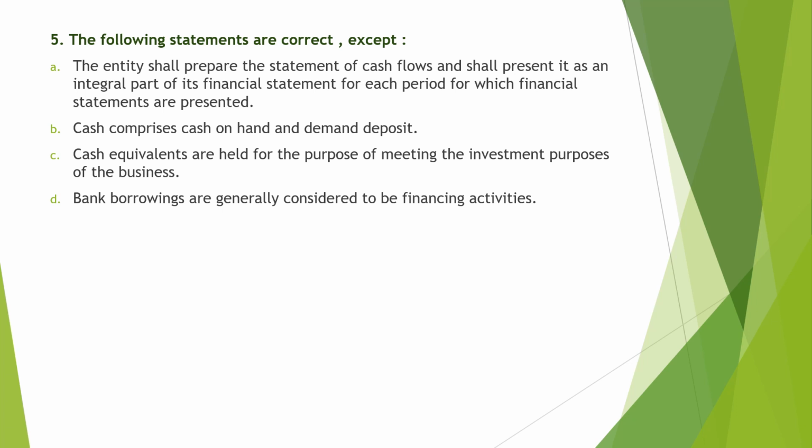The statement of cash flow is an integral part of the financial statements of the entity. Letter B correct. Cash comprises cash on hand and demand deposit. Letter C, cash equivalents are held for the purpose of meeting the investment purposes of the business. Incorrect. Why? Again, cash equivalents are those short-term, highly liquid investment.